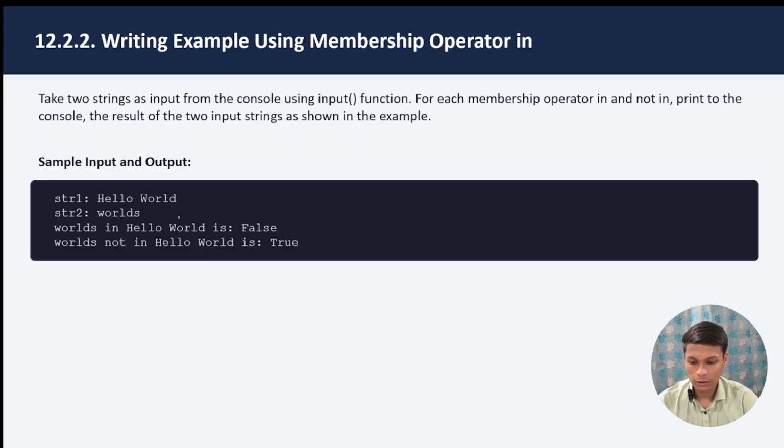Worlds in hello world is false, because worlds is not in hello world. In hello world only world is there. Not in means worlds is not present in this. So yes, worlds is not in there, so the result is true.